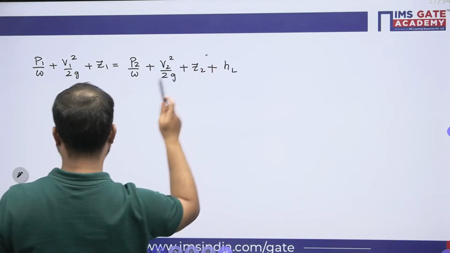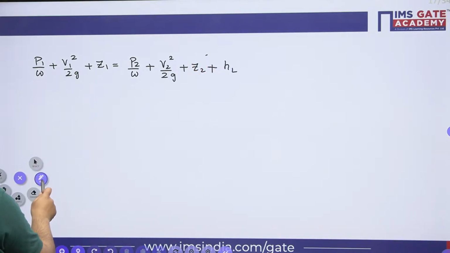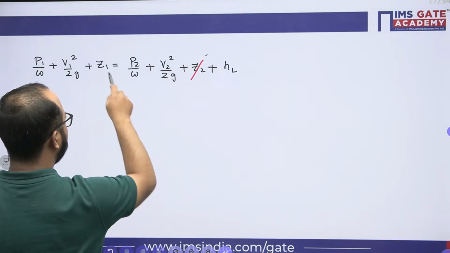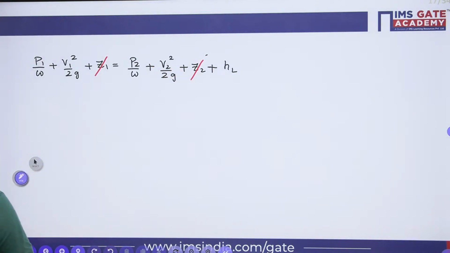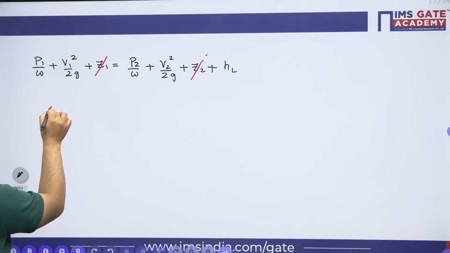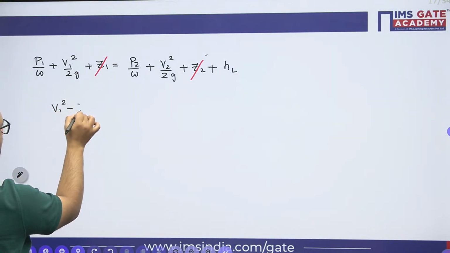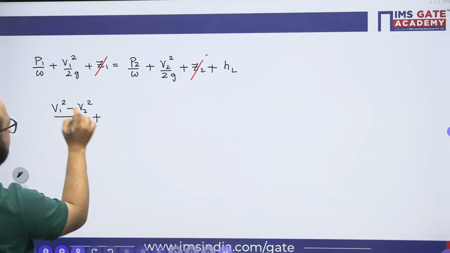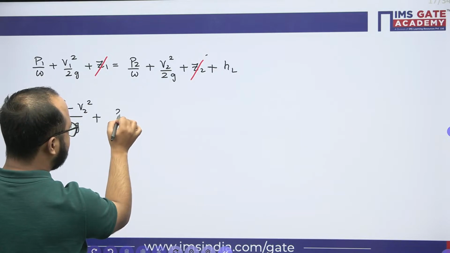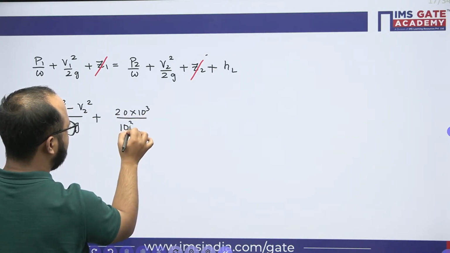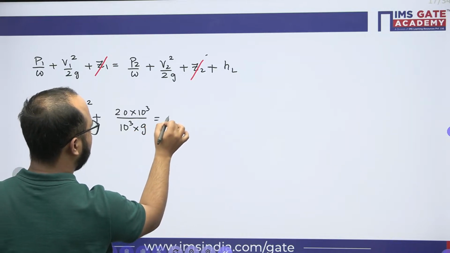It is horizontal, so we will directly cancel out z1 and z2. Now, very important point, P1 and P2 they have given, plus V1 square minus V2 square divided by 2g. The pressure change is 20 kilopascal, 20 into 10 to the power 3, divided by density 1000 into g, equals H losses.